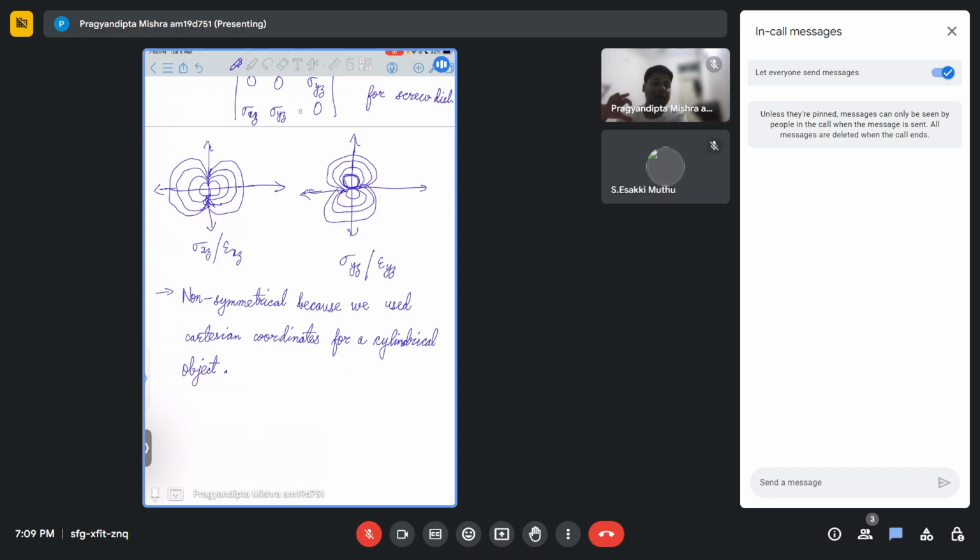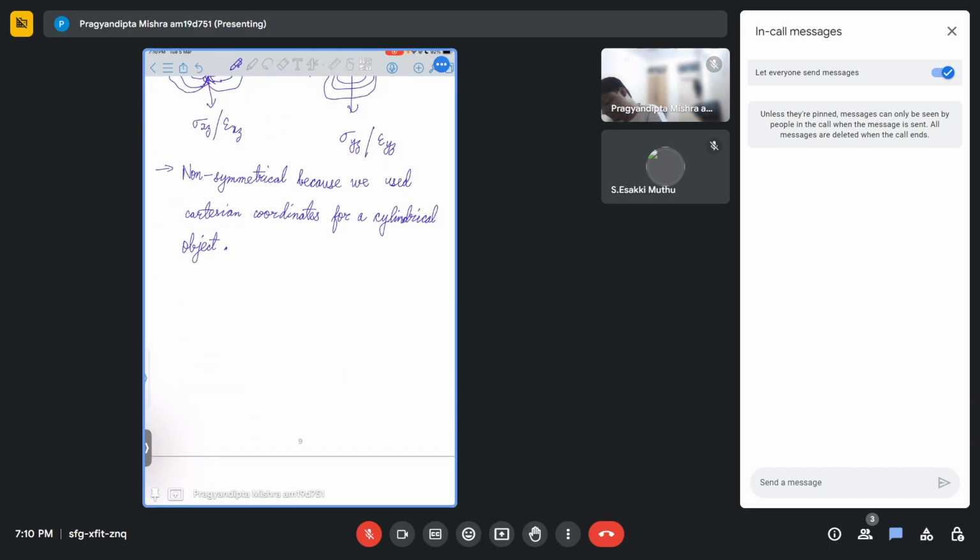However, if you look at the dislocation stress field for this screw from the z direction, you will see that it is symmetrical. You will see something like this. The reason is that in cylindrical and Cartesian coordinates, the z direction usually means the same thing in both coordinates. Therefore, in the z direction, when looking at the stress field for a screw dislocation, you will see symmetry there.